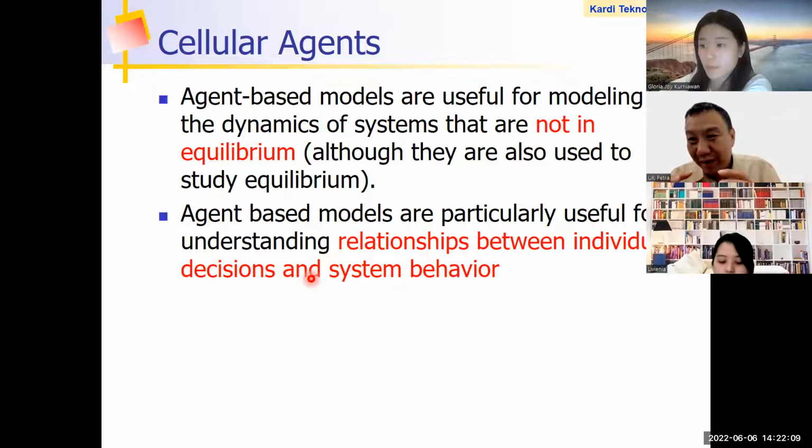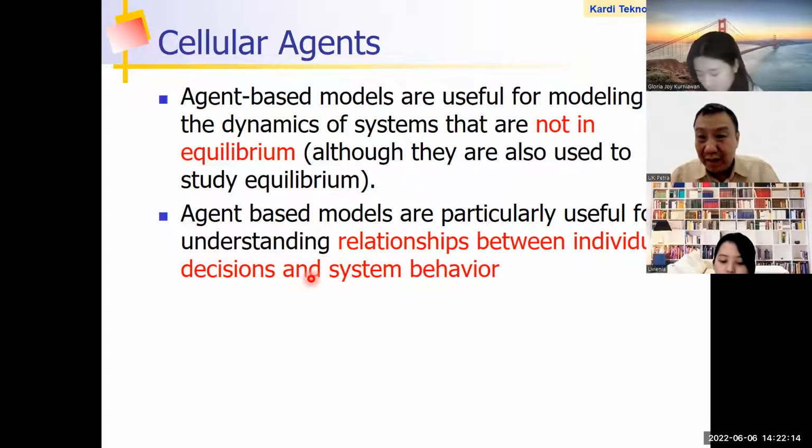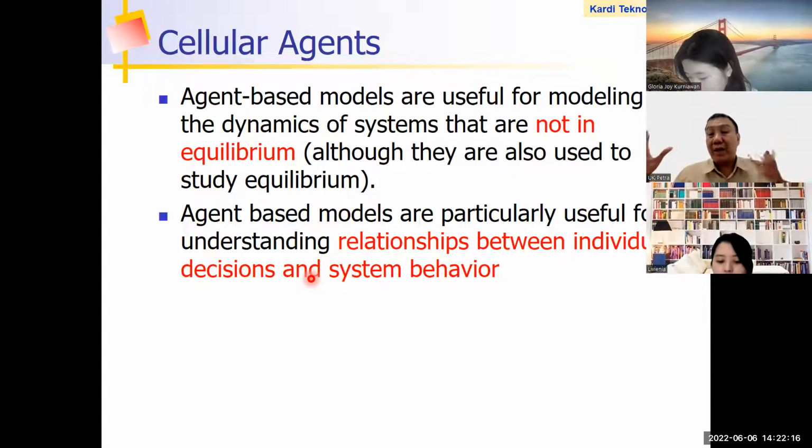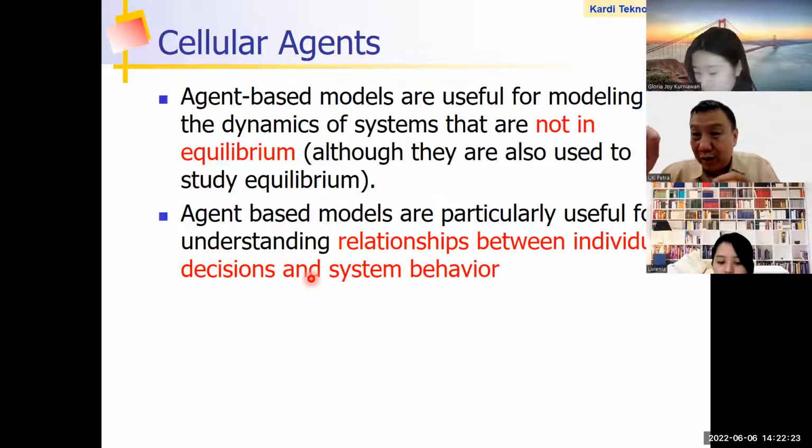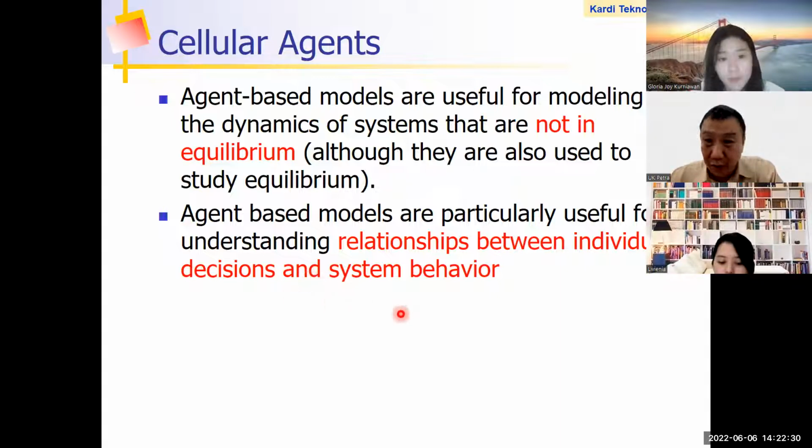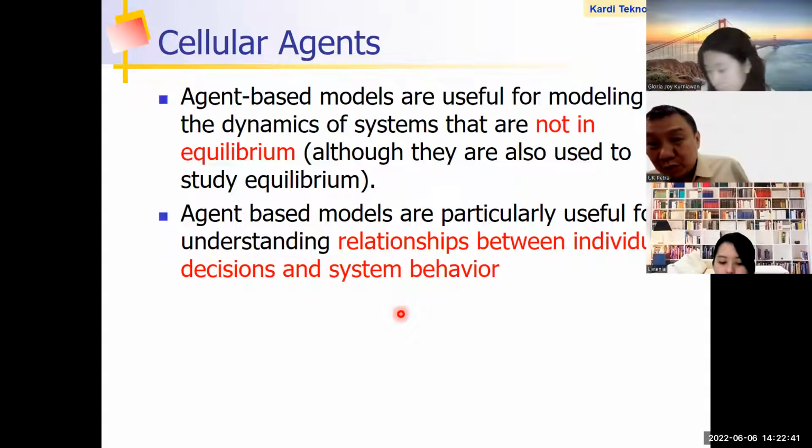Micro level behavior is just buying and selling, individual decisions. But at the macro level, it becomes the economy. The same thing with the cells in your body. Each cell in your body is doing its job as a cell, but the whole thing becomes your body. Suddenly, it has some kind of consciousness so that you can do something. The micro level is your cells, but the macro level is actually you.